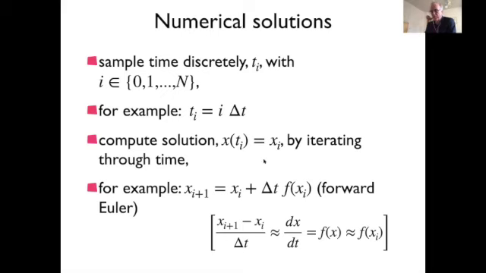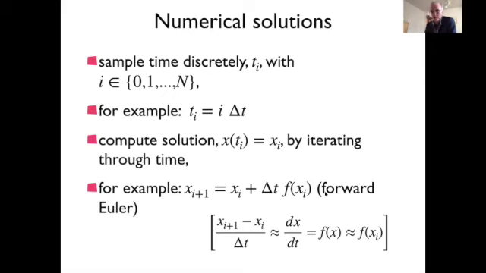And it is computed by iterating through time. And here's an example. So I would compute a new value x_{i+1} from the present value x_i plus delta t times the function at that present value i.